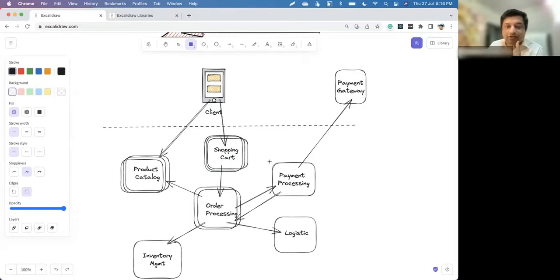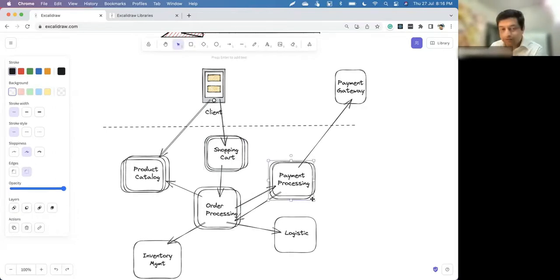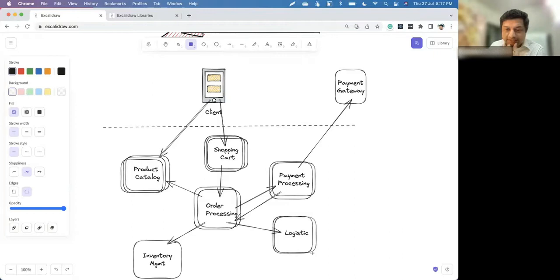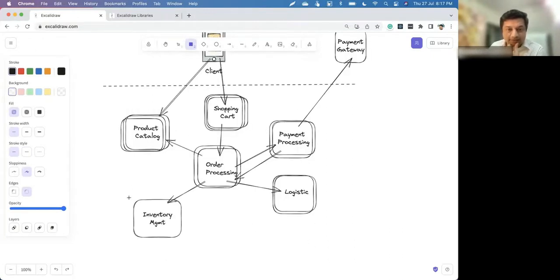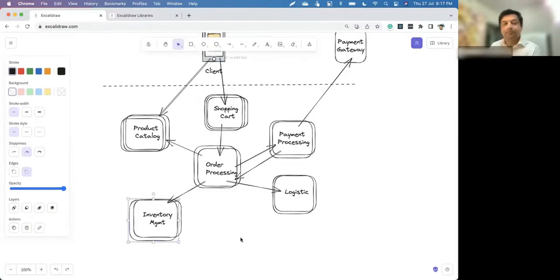And finally, few people will be paying, and some people are doing cash on delivery also. So payment processing may be even less used than order processing. Once your order is processed, you may have logistics, and you may also scale the inventory management module independently, right? So you may have a different number of instances for all these services.